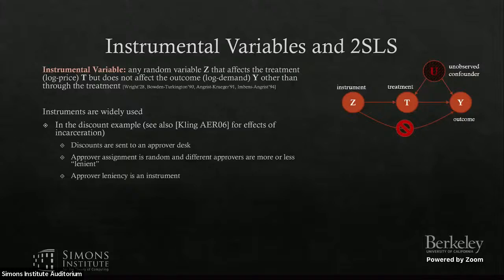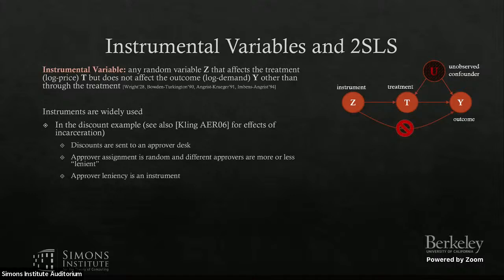So you can use approver leniency, which is a variable that is going to affect the price level, because you're going to get a smaller discount if you go to a more strict approver than when you go to a more lenient approver.